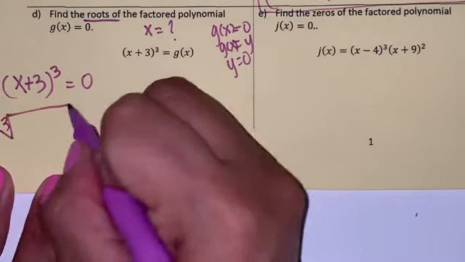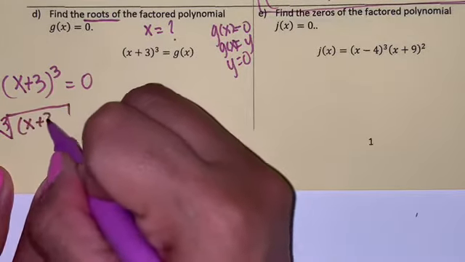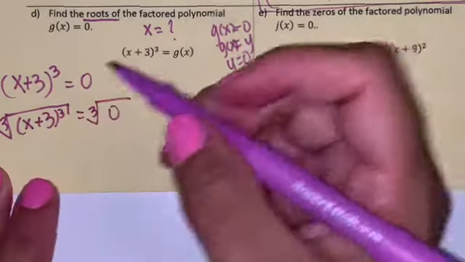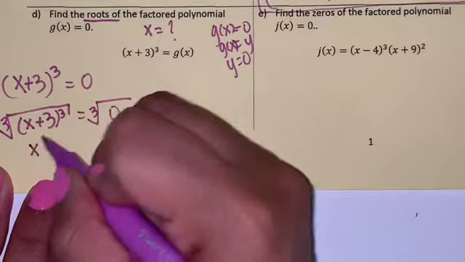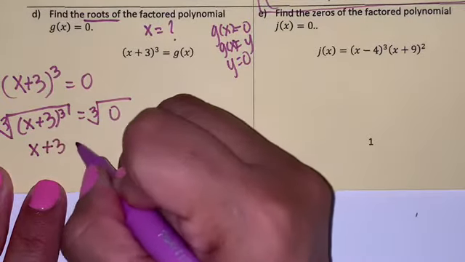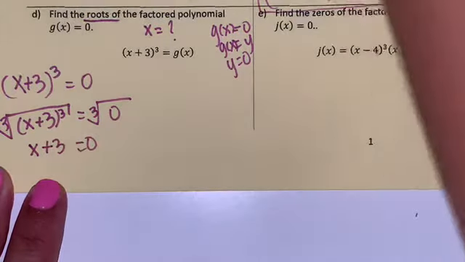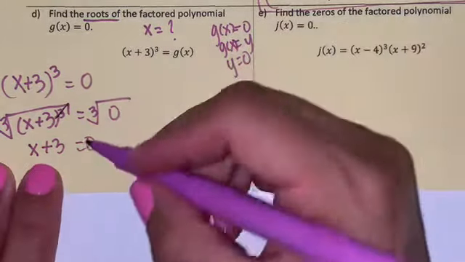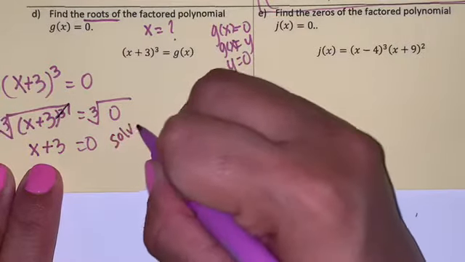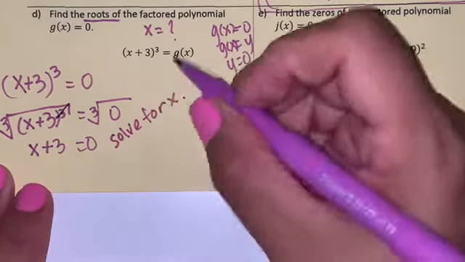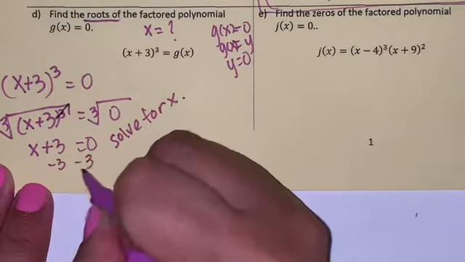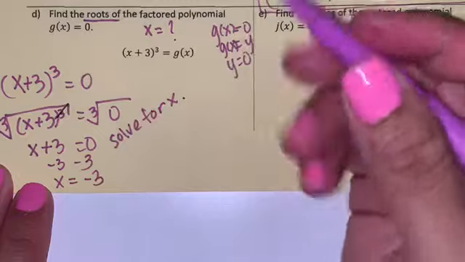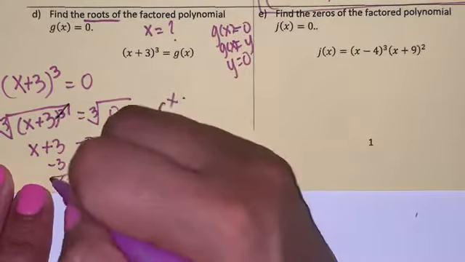The cube root of x plus 3 equals the cube root of 0. So now you say x plus 3 equals 0, because remember that cube root went away. Now you're going to solve for x. Minus 3, x equals -3. I want the roots, so this is my solution.